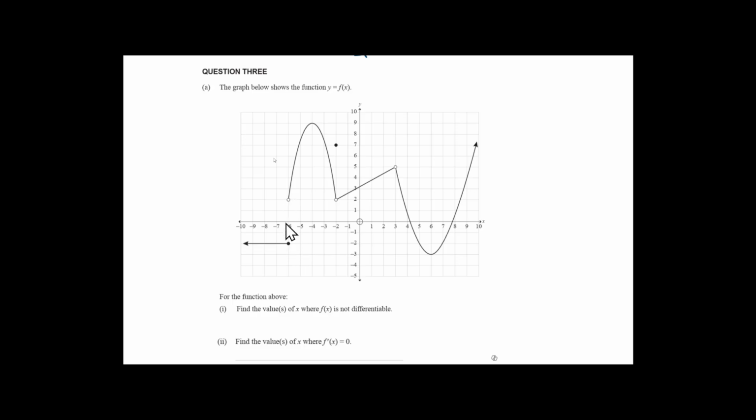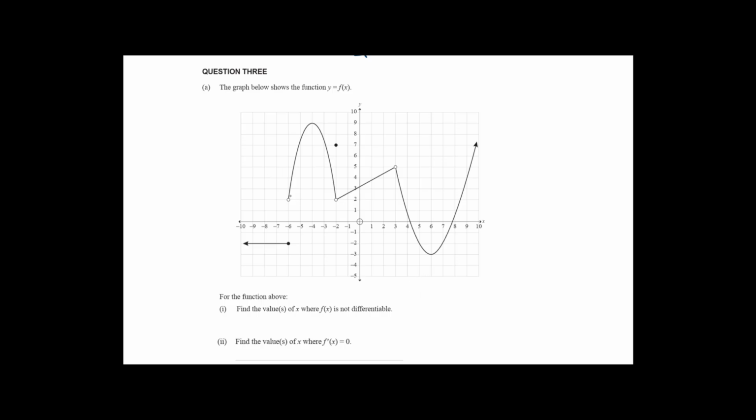And as soon as it gets any more than that, it jumps to here. It's kind of like Pac-Man or Doctor Who. And it goes up there, and then there's a gap, and then there's this parabola here. So what are the values of x where it's not differentiable?